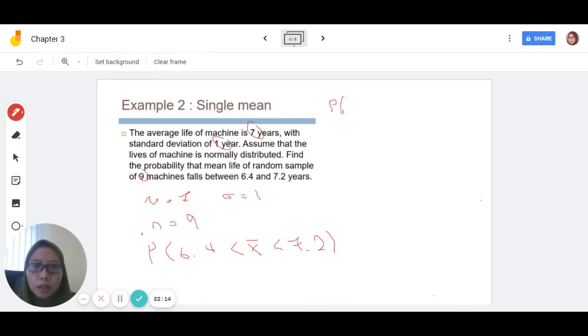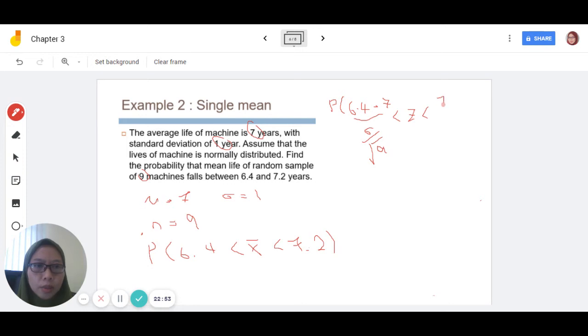This is P of 6.4 minus the mean, which is 7, divided by the standard deviation of the population divided by square root of 9, and then just follow this notation, zig-zag.